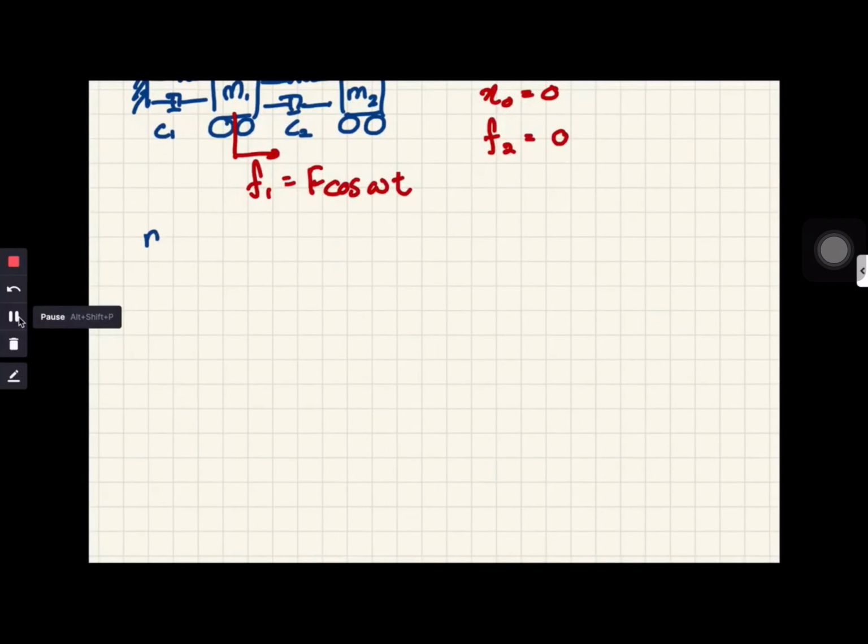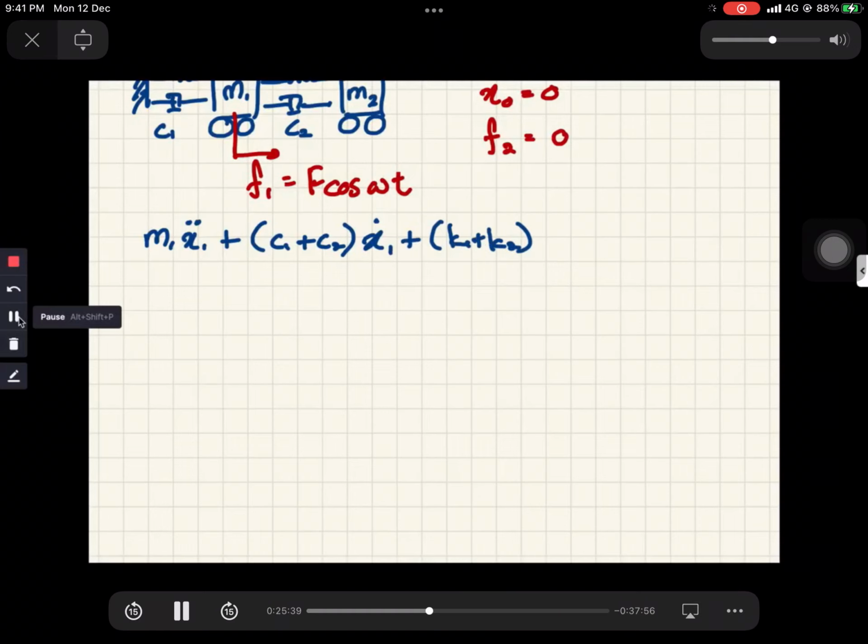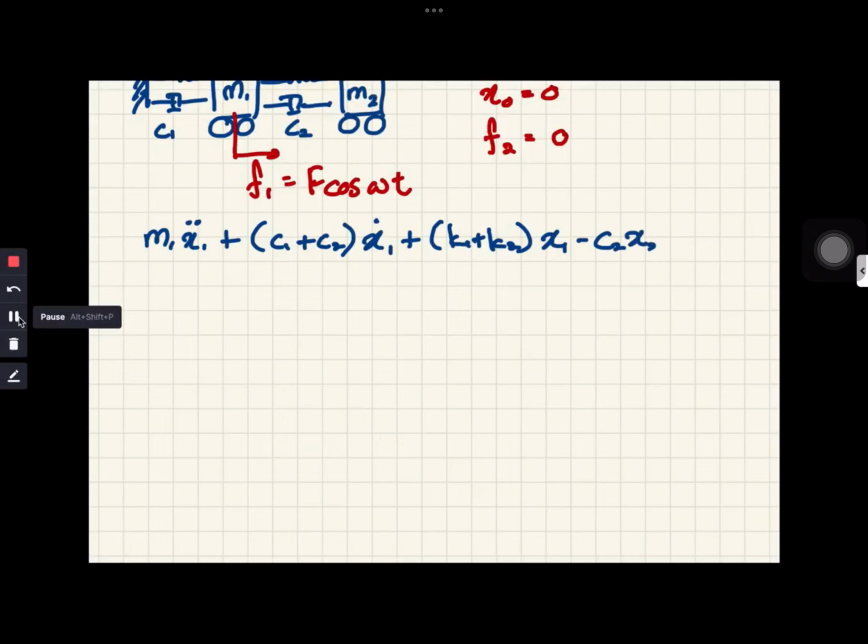The first one will be m1 x1 double dot plus c1 plus c2 x1 dot plus k1 plus k2 x1 minus c2 x2 dot minus k2 x2 is equal to, I don't have enough space here, I'll just continue down here, F cos omega t.